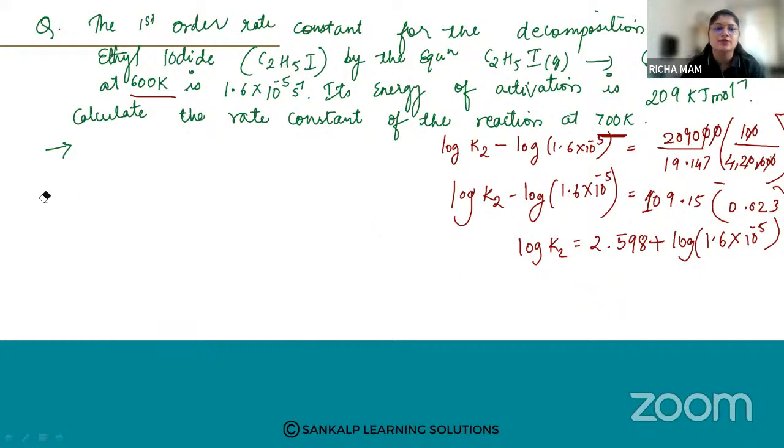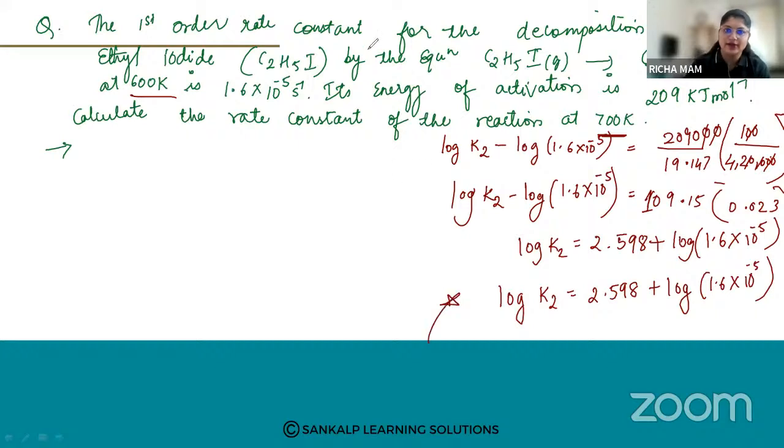Fine. So now here what we have got: log of K2 is equals to 2.598 plus log of 1.6 into 10 raised to minus 5. Till here it is understood, right?